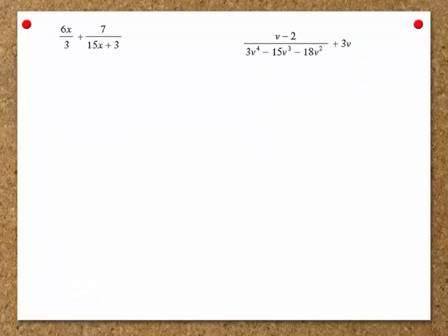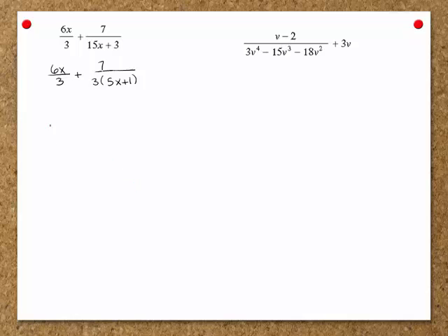All right, let's try another one. Here I have a denominator that's factorable. So I'm going to keep my first one the same, and I'm going to factor my second denominator. I can factor a 3, and I'll have 5x plus 1. So now they have a 3 in common. So to make these match, I only need to multiply the first fraction, not the second one, because this one already has a 3.